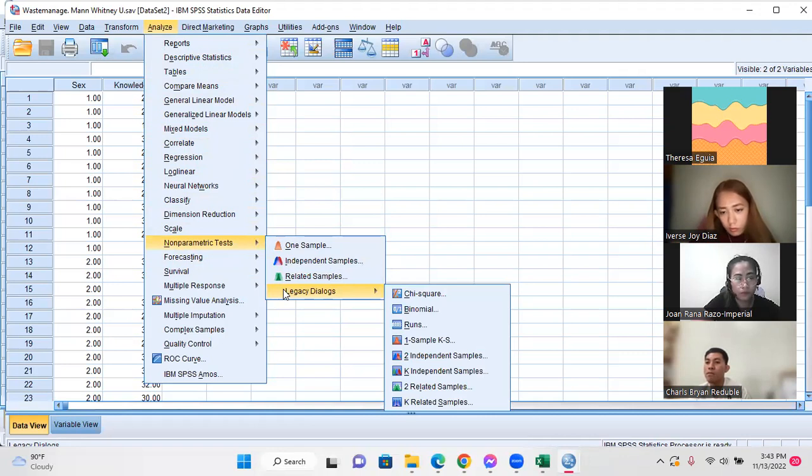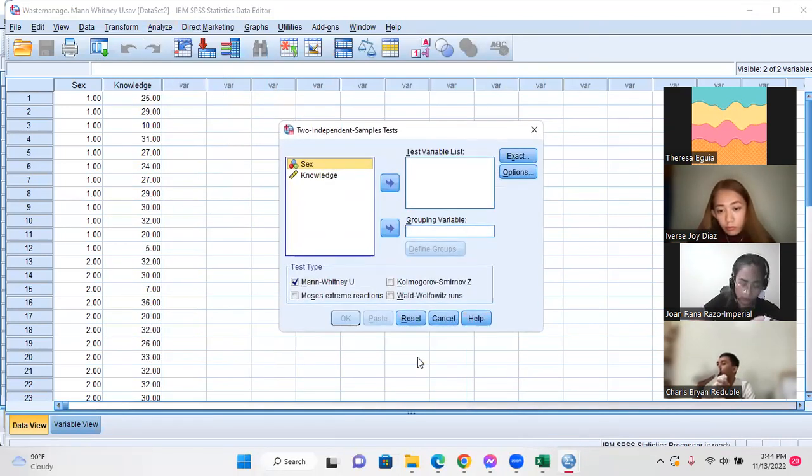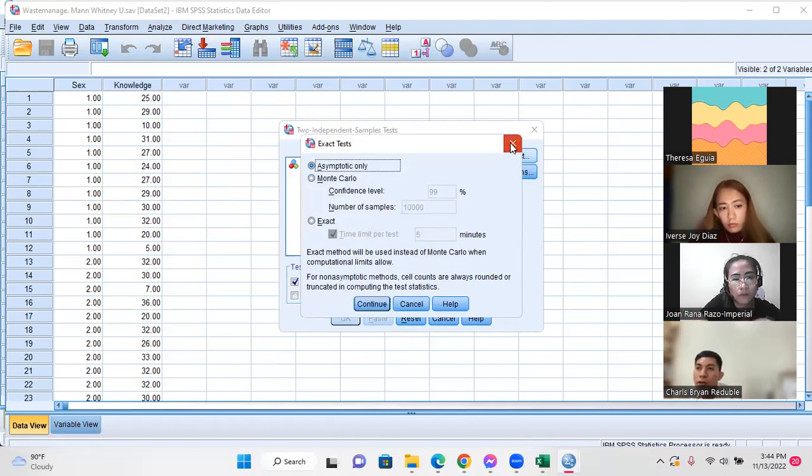Kunin ko lang yung aking magnifying glass. Independent samples. Ayan, di ba nakita nyo na? Mann-Whitney U. Tingnan natin yung exact. Wala.